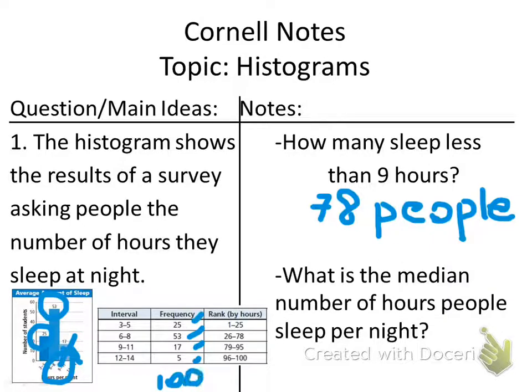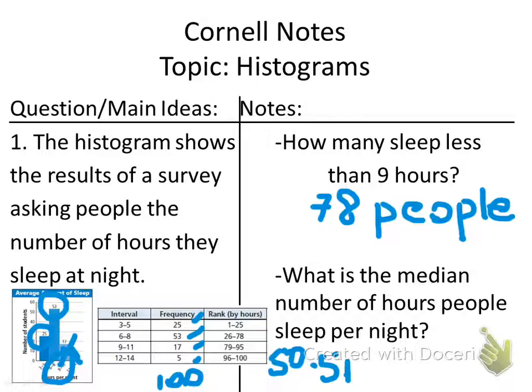So the total number of people surveyed were 100. So the median is between the middle of these people surveyed. So the middle would be person number 50 and 51. So whatever person number 50 and 51 are at, that's where I'll find my median.